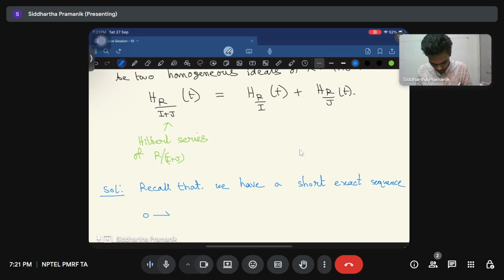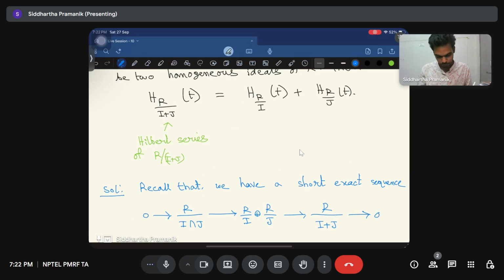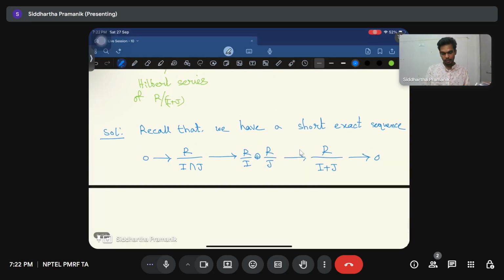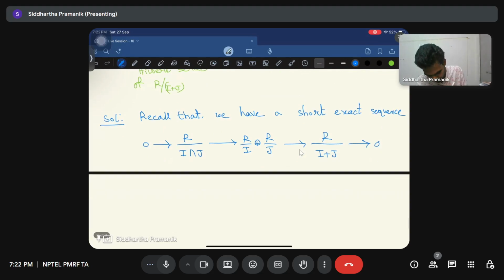It is from 0 to R mod I intersection J, to R mod I direct sum R mod J, to R mod I plus J, to 0. And the Hilbert series is additive.